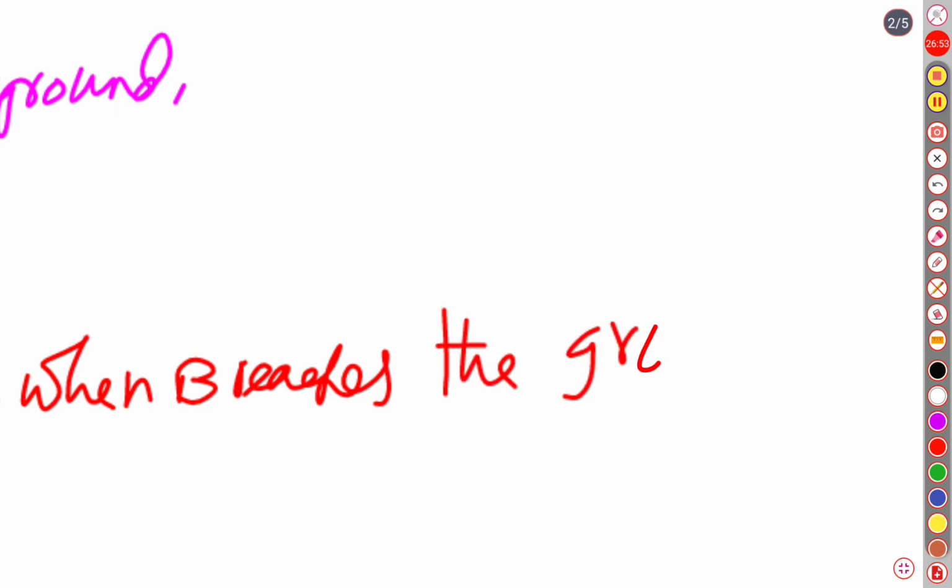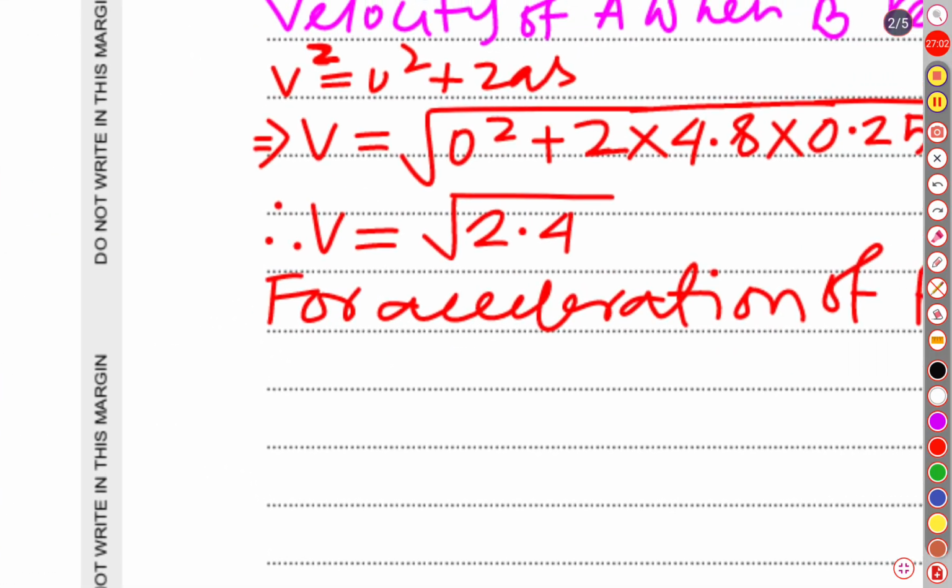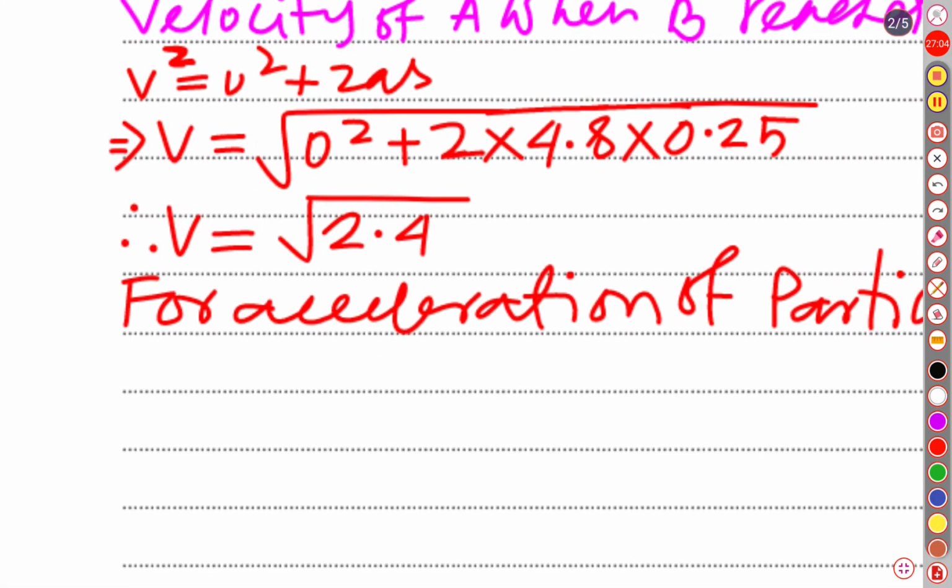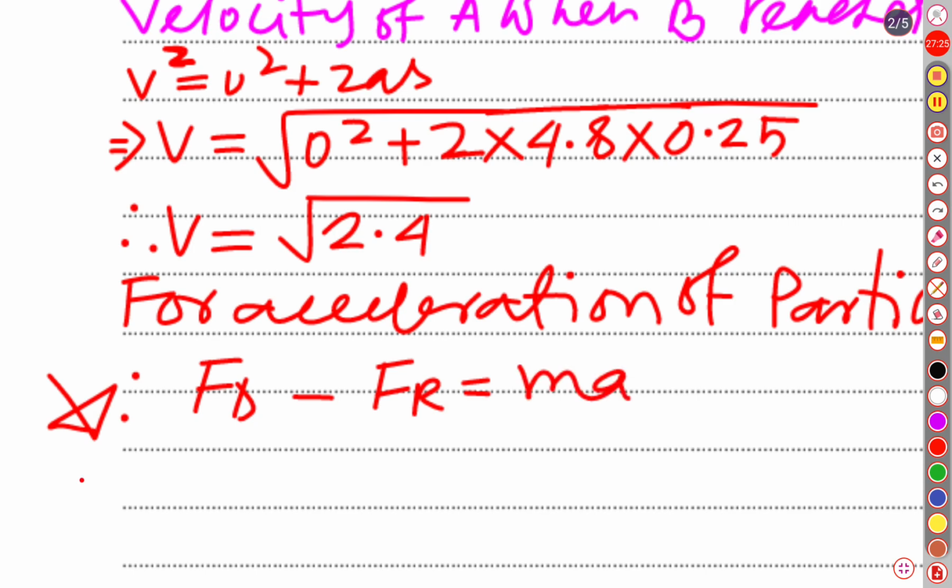Look, B reaches the ground and stops, but A is still moving downward. This is the concept actually. That's why we are going to apply Newton's law of motion. A is still moving downward, and the concept is driving force minus resistance force equals mass times acceleration.